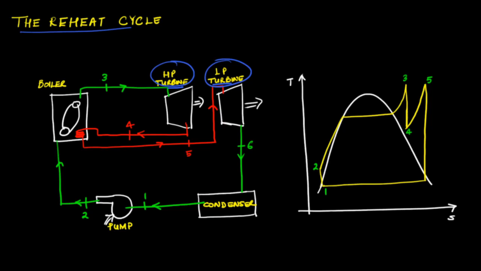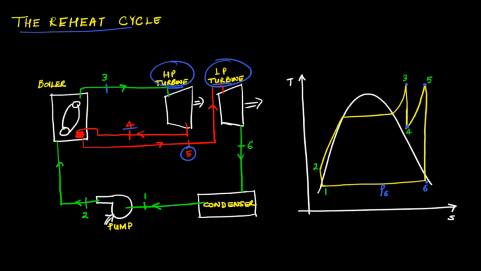So once we have superheated the steam to state 3, as in the usual Rankine cycle with superheat, first the steam expands in the high pressure turbine and it goes to state 4, and it's not expanded completely to the condenser pressure, that is pressure P6. Instead, the exhaust of the high pressure turbine is again fed to the boiler as shown in this red colored line, and then it is heated and we again have steam at a superheated vapor state at state 5, and that is fed to the low pressure turbine and expanded completely to the condenser pressure.